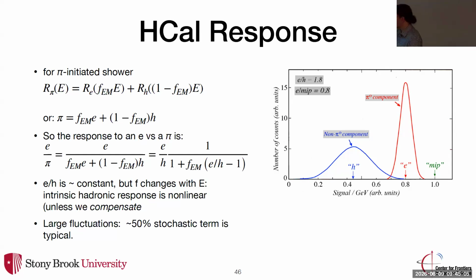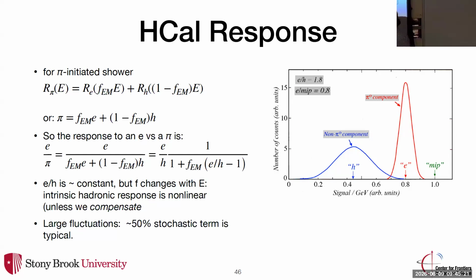And we generally don't write that with the R sub E's, so we'll write it as the pion response is the electron response times that fraction plus 1 minus the hadronic response. And if we try to form this ratio, what is the ratio of E over pi?